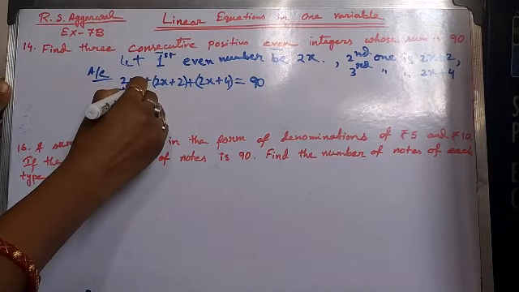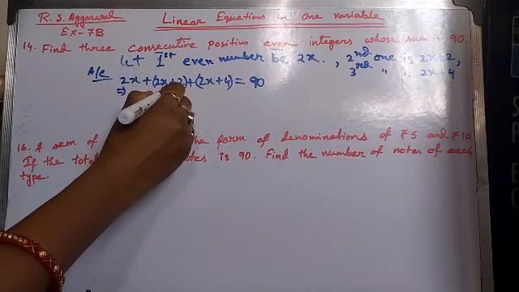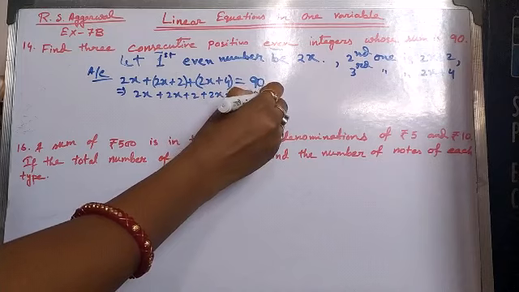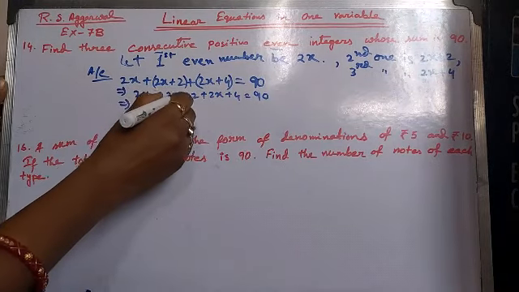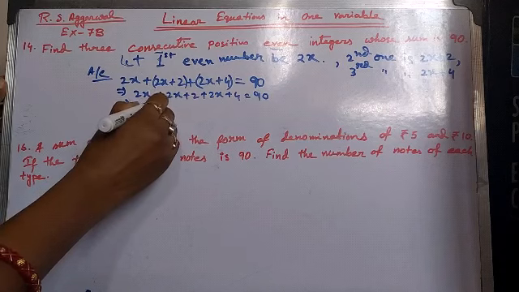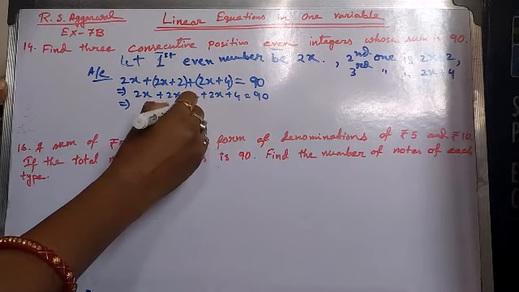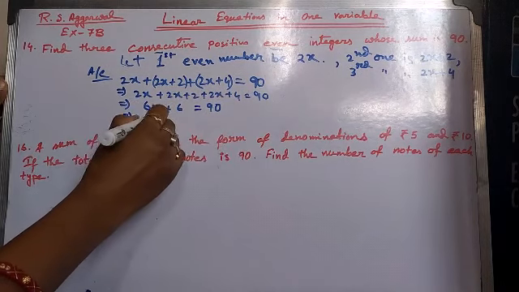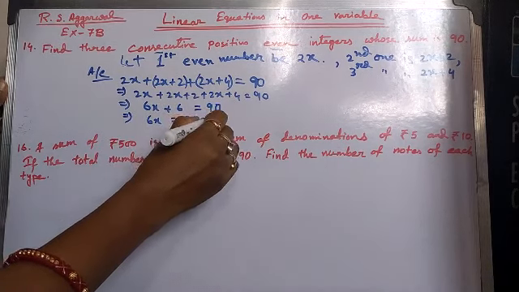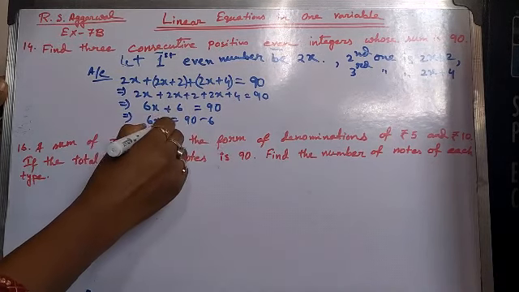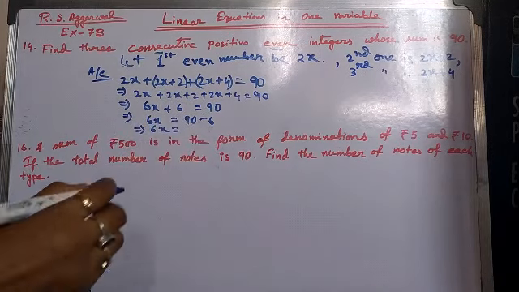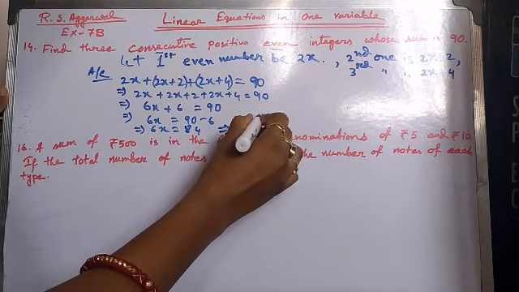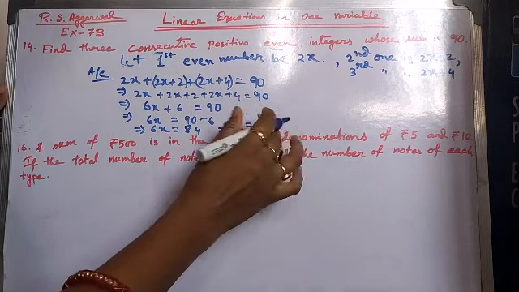Now the bracket will be removed. 2x plus 2x plus 2x, that means 6x plus 4 plus 2, that means 6, equals 90. Then 6x equals 90 minus 6, so 6x equals 84. Then x equals 84 divided by 6.